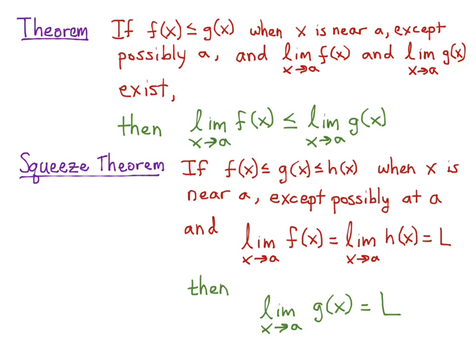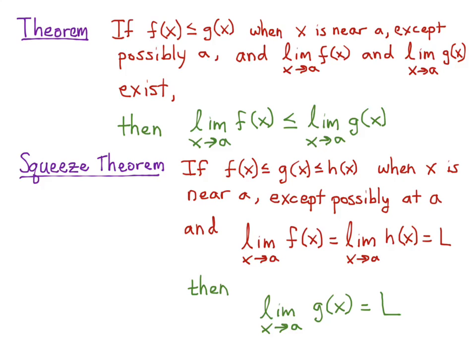Since the limit of h at x and f at x as x approaches 0, let's say we can both calculate those and those turn out to be 0, or some other value, it doesn't have to be 0, then we know that the limit of, this is g at x, then we know the limit as x approaches 0 of g at x equals 0 as well.